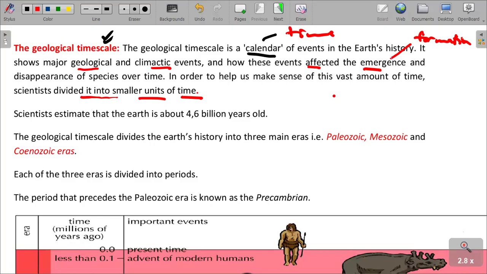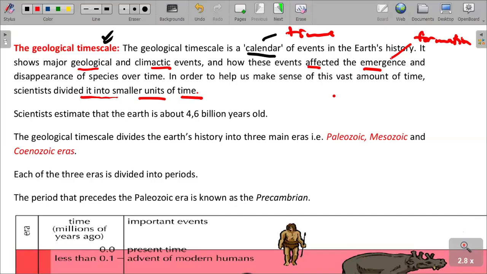So we are saying it is a calendar of events. That is why we can talk about years, days, centuries, decades. In other words, in order to understand events very well, they are divided into specific periods of time, so that we can relate and account for them very well.